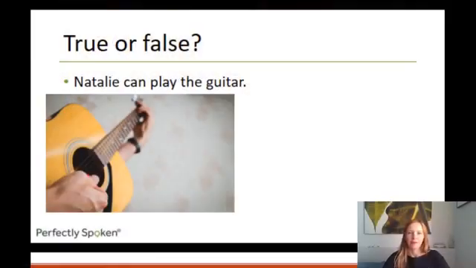Sorry, guitar. Okay, so Natalie can play the guitar, true or false? It's false. I can't play the guitar. No, I definitely can't play the guitar. Okay, and next one.